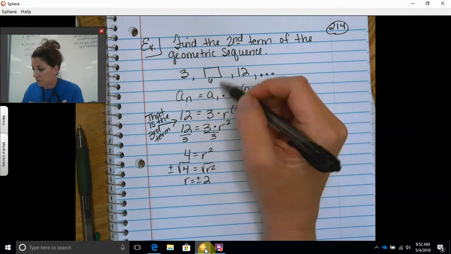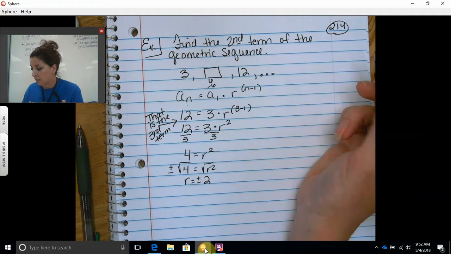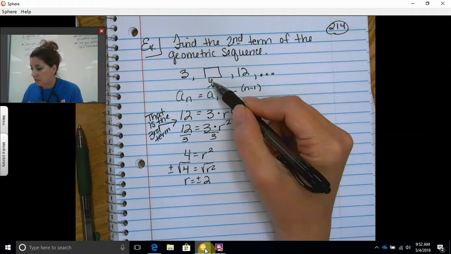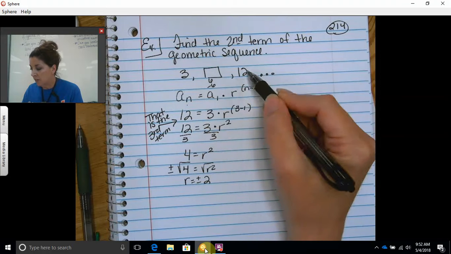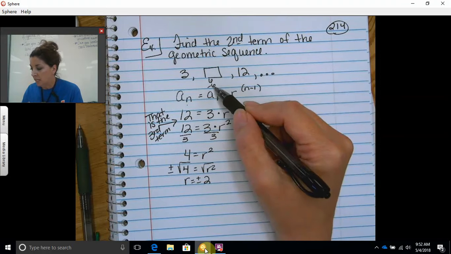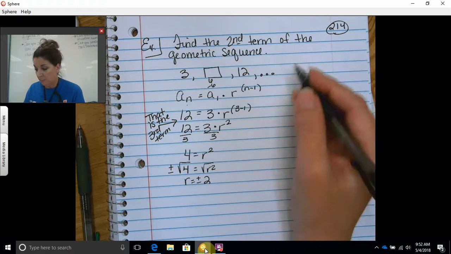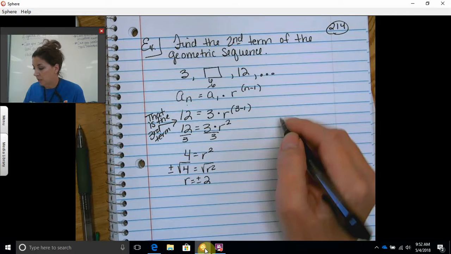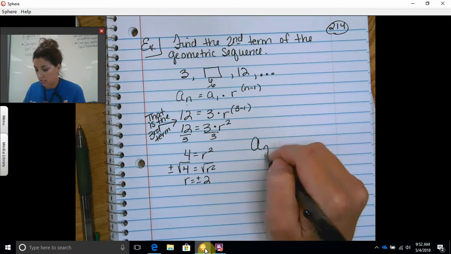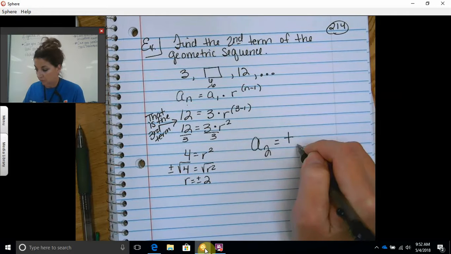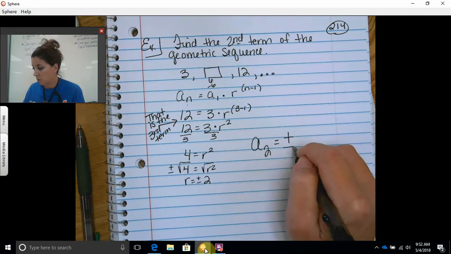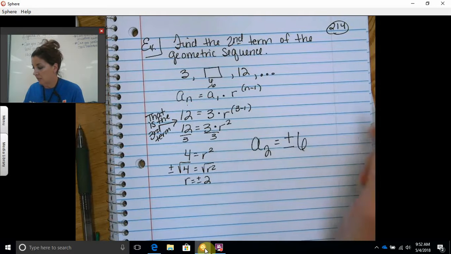Three times a negative 2 gives me negative 6. If it was positive 2, 6 times positive 2 is 12. If it's a negative 2, negative 6 times negative 2 is positive 12. So it could be either positive 2 or negative 2. So a sub 2 equals positive or negative 6.